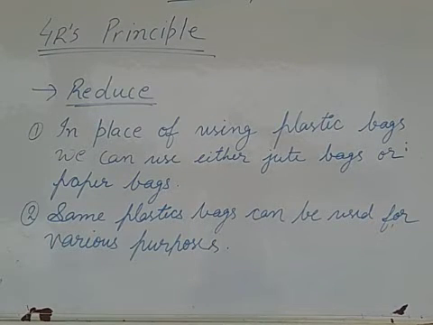In place of using plastic bags, we can use either jute bags or paper bags, because these jute bags can be used again and again, and at the same time it will reduce the use of plastic bags.